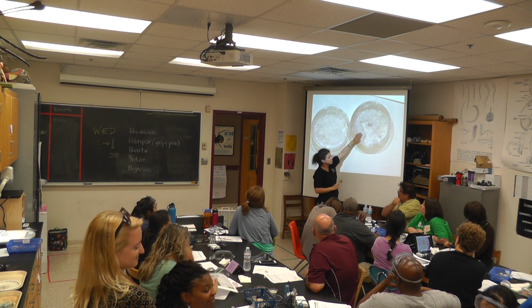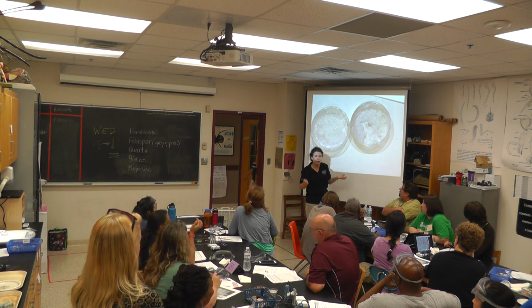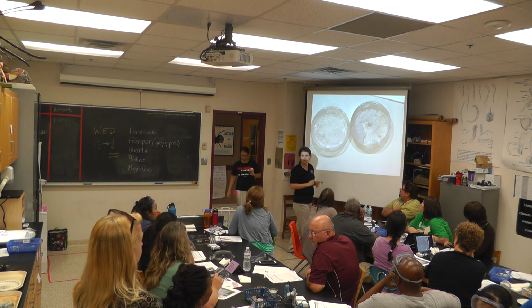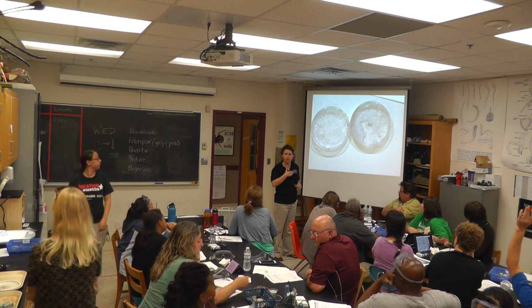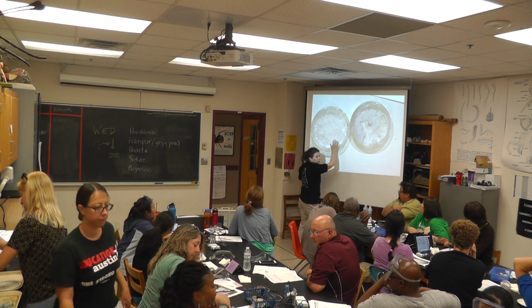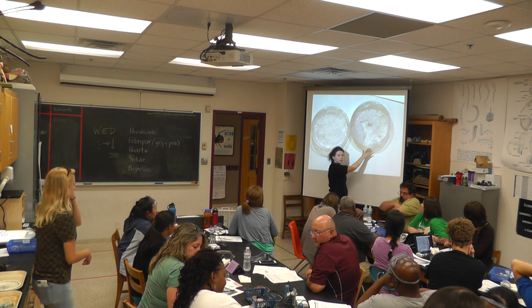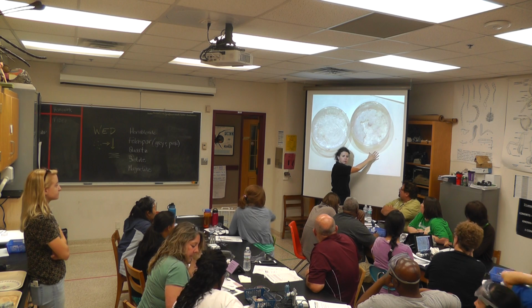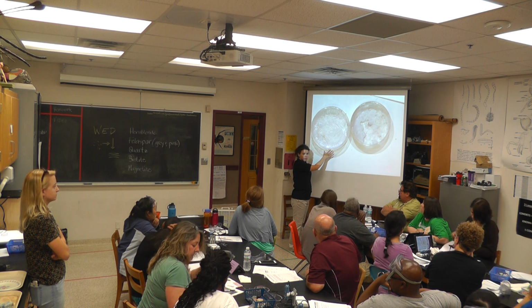This one is crystalline, but these crystals are very tiny. I can't see distinct crystals in there. So I can infer that this one cooled more rapidly than this one. So this might model an extrusive rock, while this one models an intrusive rock.